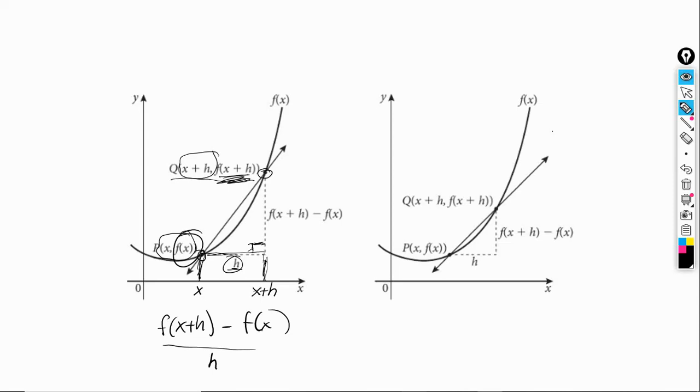On this other graph to the right, we have exactly the same situation. The only difference is that this h is now a bit smaller. It's still going to be that the difference in y is f of x plus h minus f of x, and that the difference in x is h, only that the distance h is getting smaller.